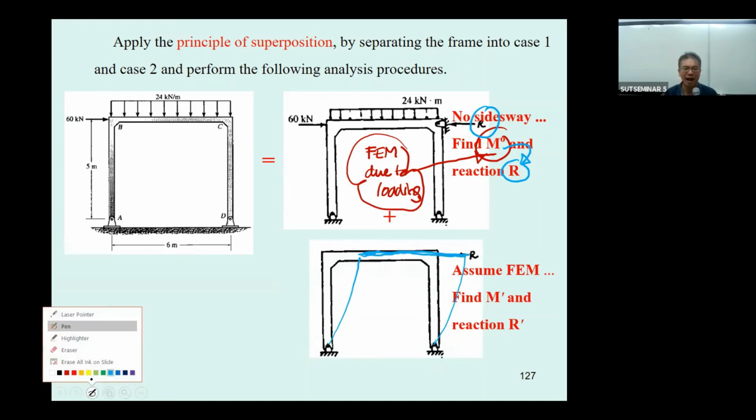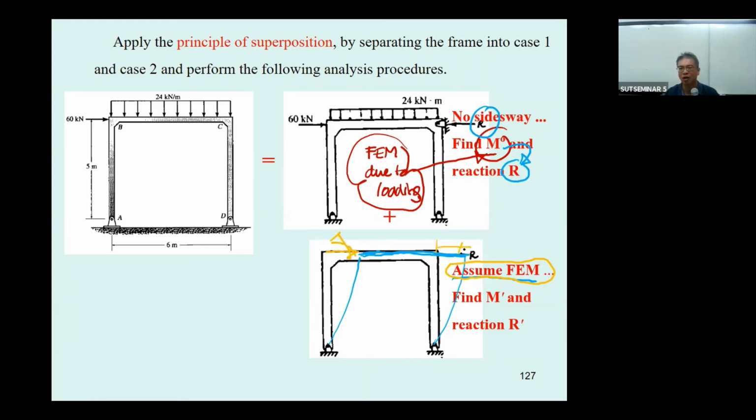We must assume the fixed end moment. This time, assuming the fixed end moment is going to be more convenient than assuming the delta that occurs over here. I mentioned this. If you assume delta, you have to put it into the equation to find the fixed end moment. If you assume the fixed end moment, you use it immediately.